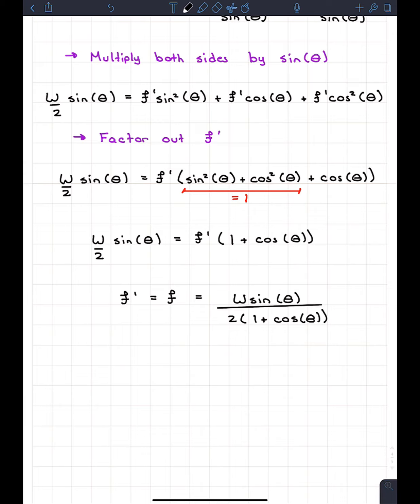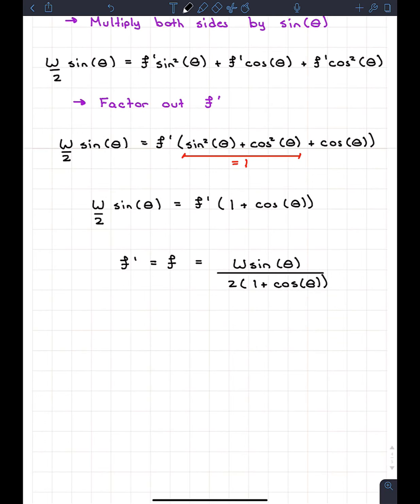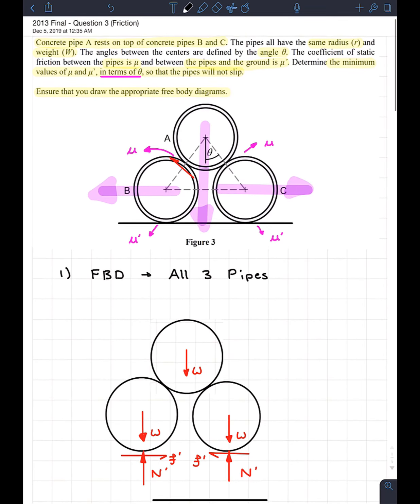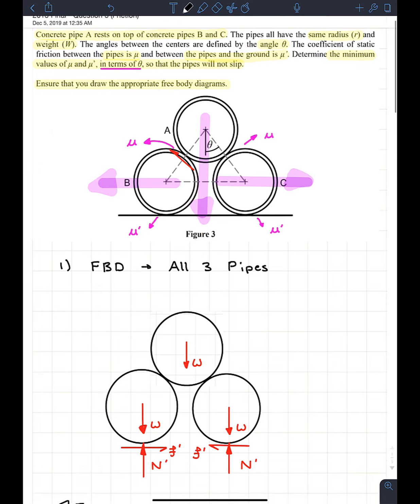So, got a nice relationship right here, but we're still not done. Although we found a nice relationship, it's not asking for what the friction is equal to. It's asking for what is the minimum mu and mu prime so that these pipes don't slip.